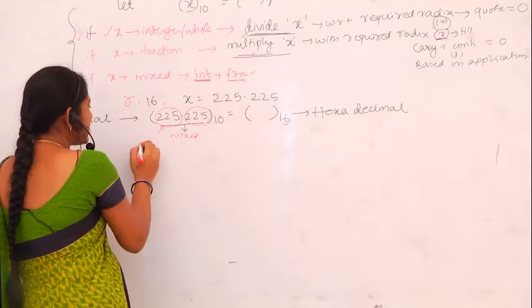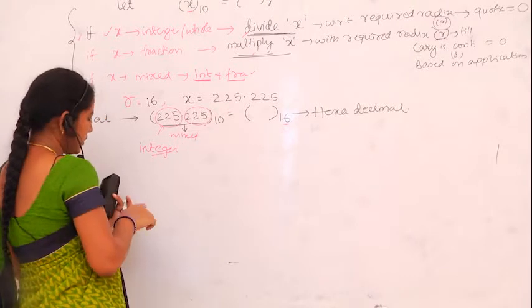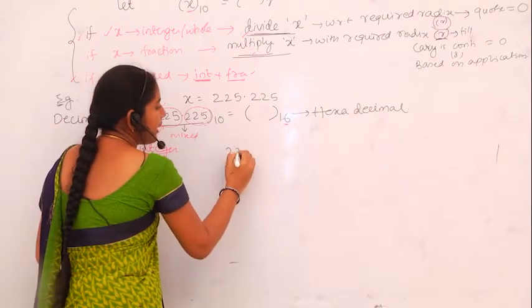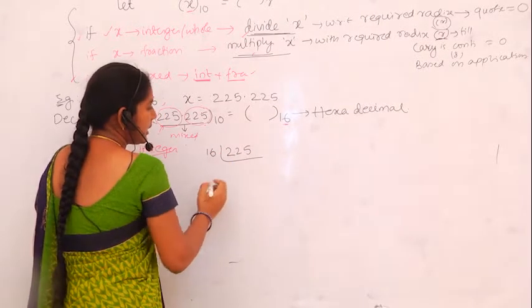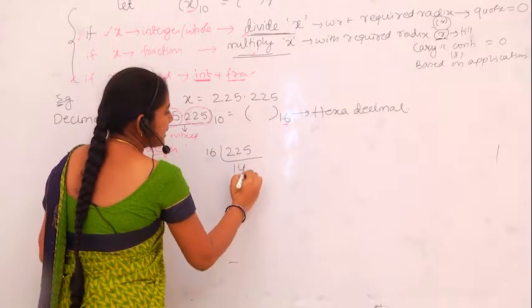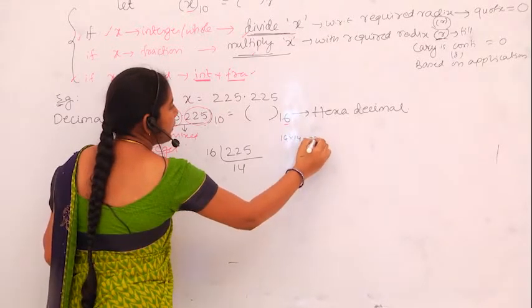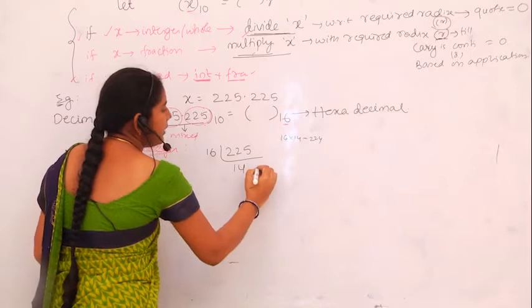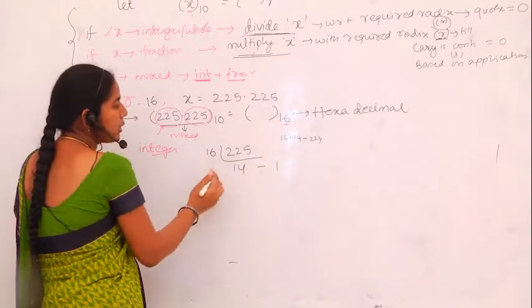So first I am considering the integer. So 225, 16 14s are 224. Then we'll have remainder 1. This 14 is a quotient.